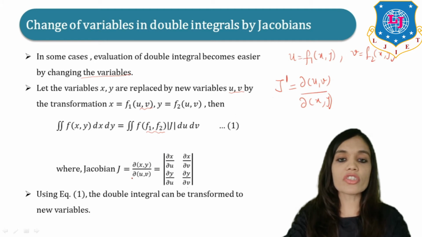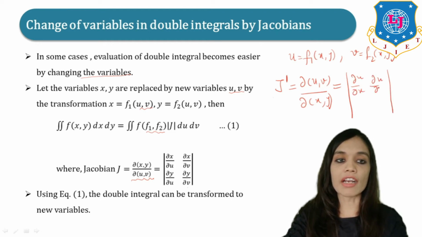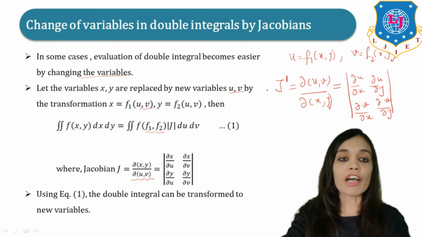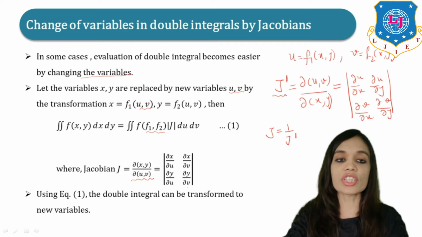So this is just the reciprocal of J. That will be given by del u by del x, del u by del y, then you have to write del v by del x and del v by del y. After finding this, you have to find your J, right? That will be equal to 1 upon J dash.